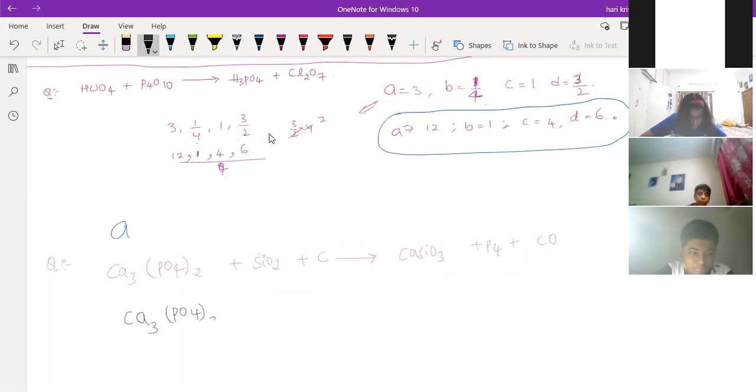Is it Ca3PO4, right? It is SiO2, and PO4 plus carbon will give CaSiO3. The answer is P as a separate element, P4, plus carbon monoxide.